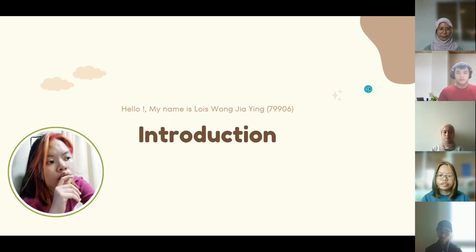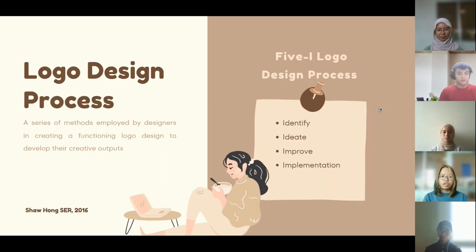Today we'll be discussing the process of logo design. In short, a logo design process is a series of methods employed by designers in creating a functional logo design to develop their creative outputs. These logos are usually used by companies or small businesses to promote their visual identity.